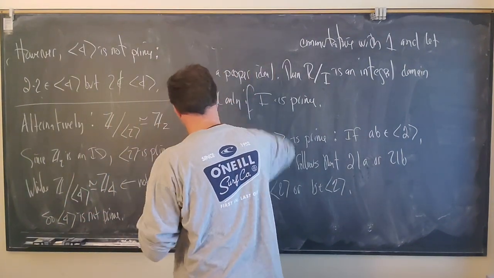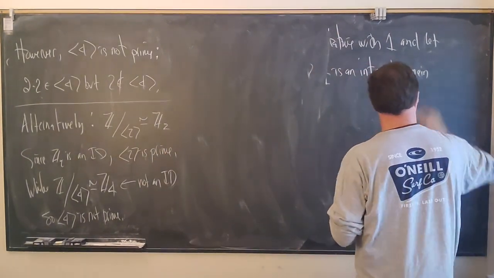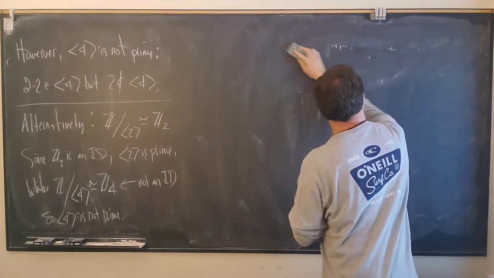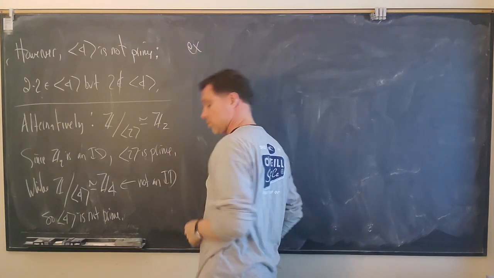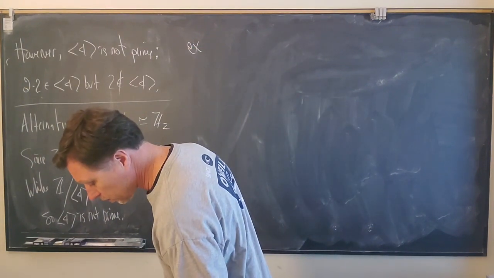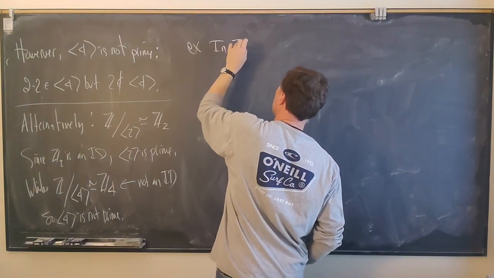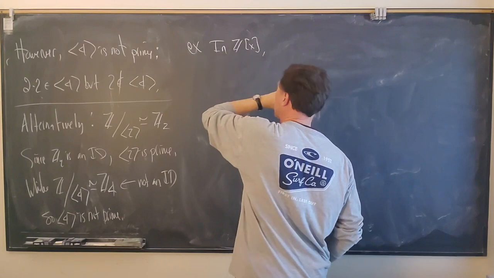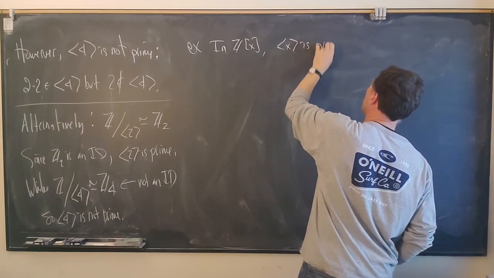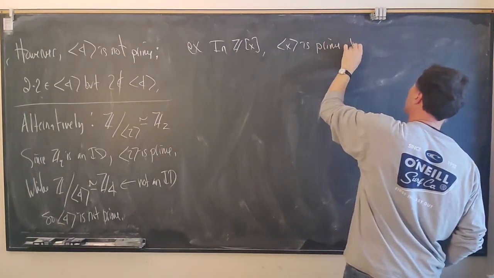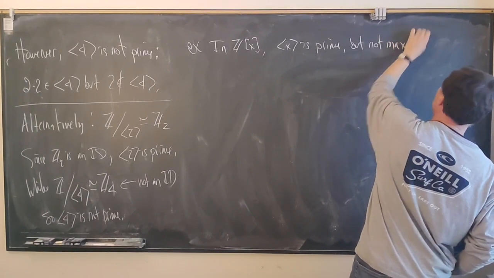More examples. Let's look at Z[x]. So in Z[x], the ideal generated by x is prime, but not maximal, as we saw earlier.